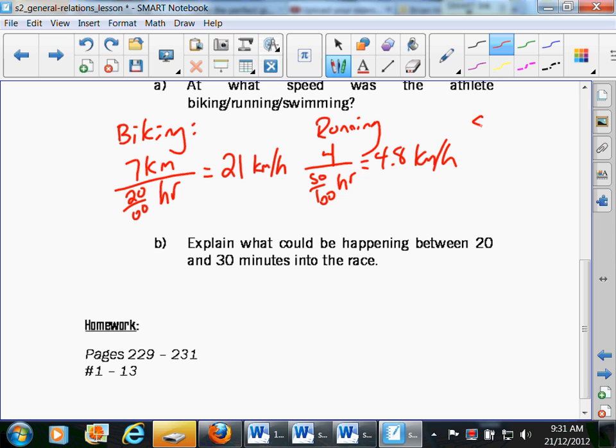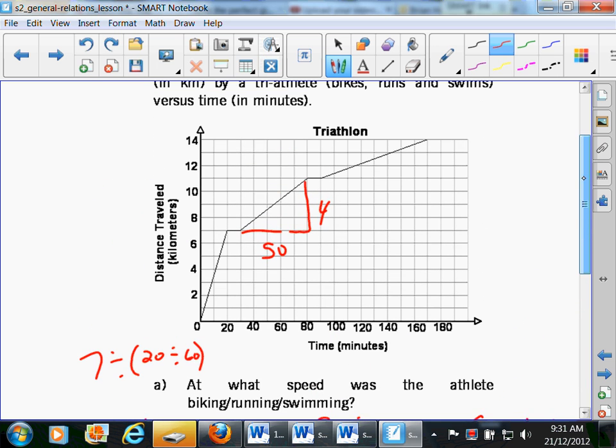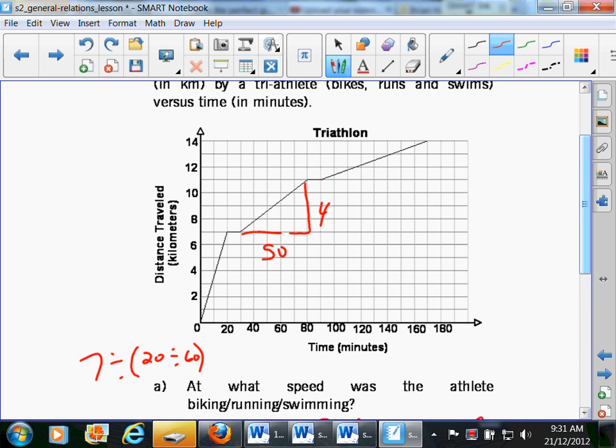And finally, we can do the swimming piece. The swimming piece would be, if we take a look at this, we're going from here up to here. So that's an increase of 3 kilometers over 1, 2, 3, 4, 5, 6, 7, 8. So that's 80 minutes.